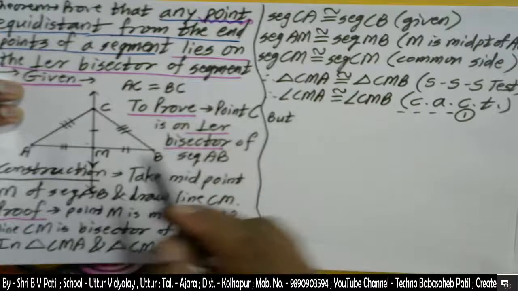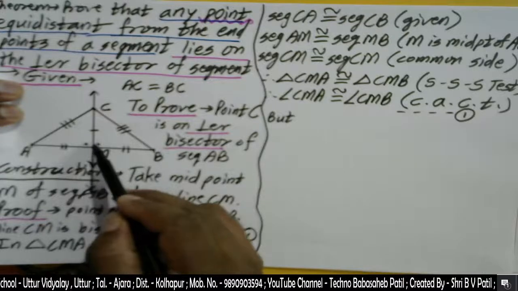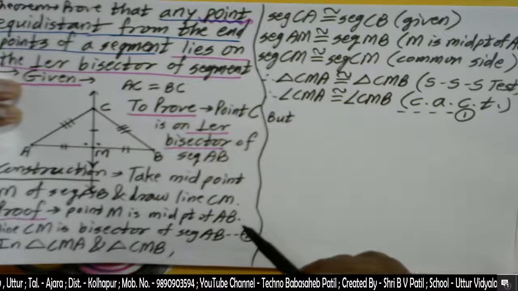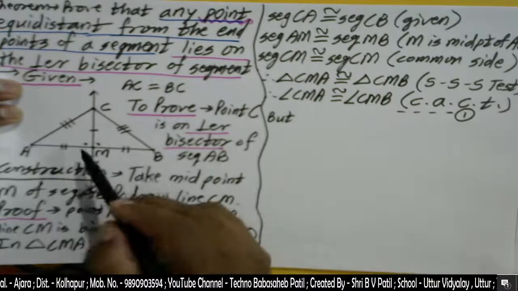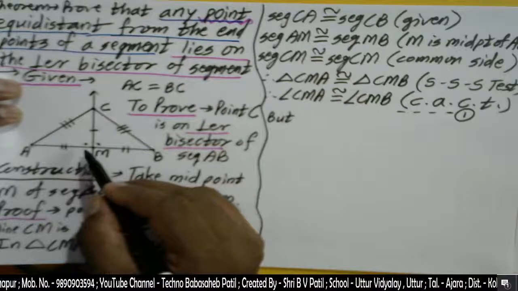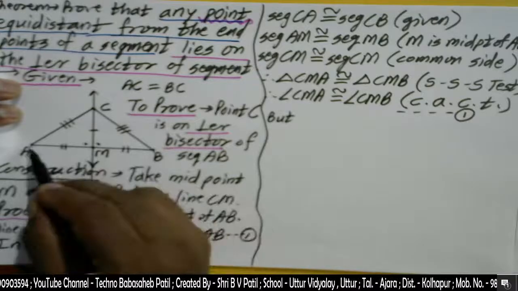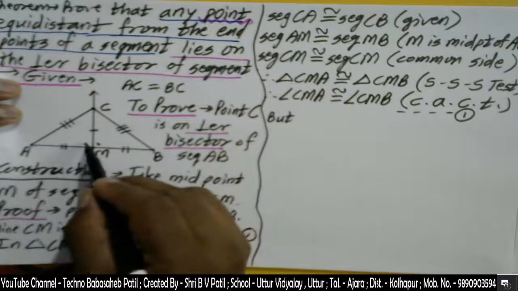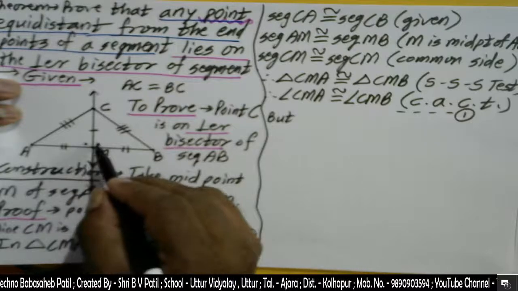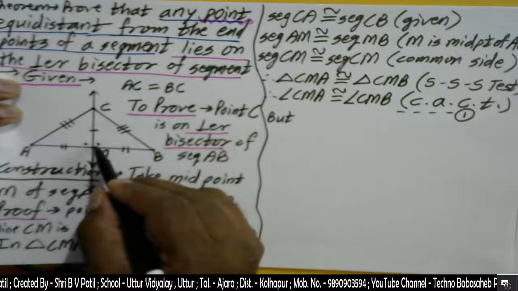But these two angles are which type of angles? Yes, the angles lie on one line, so these angles are angles in a linear pair, and their addition is 180 degrees.